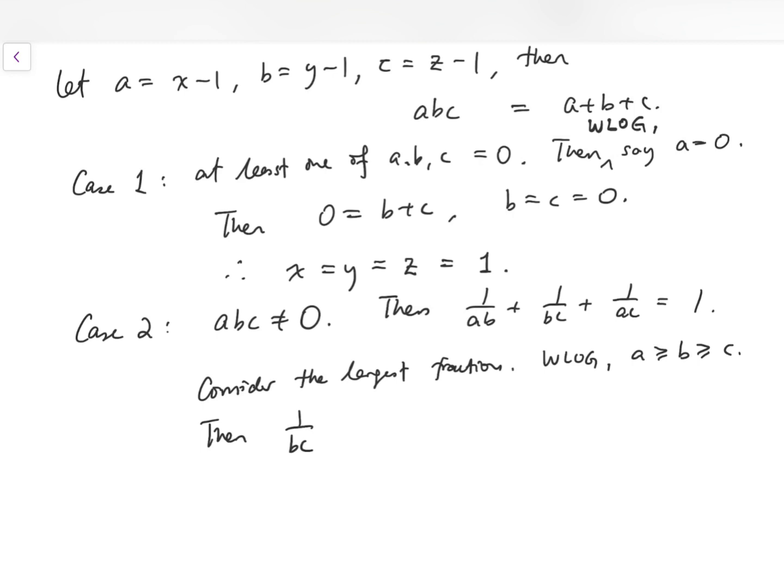So this fraction is at least 1/3. Because if it's even smaller, say it's 1/4, then the other two fractions cannot be larger than a quarter. So the sum would be at most 3/4, which is even less than 1. So that's not possible. So it has to be at least 1/3.